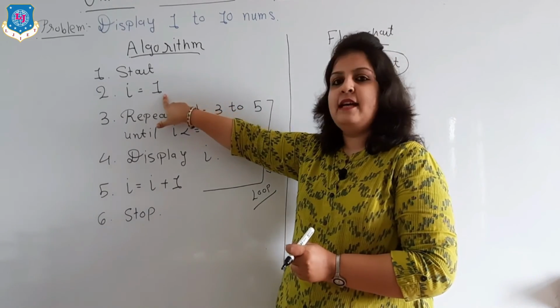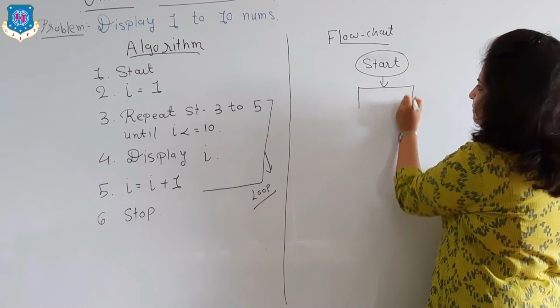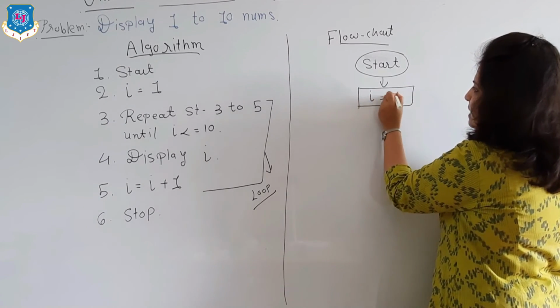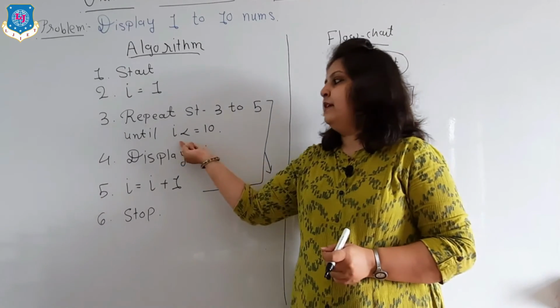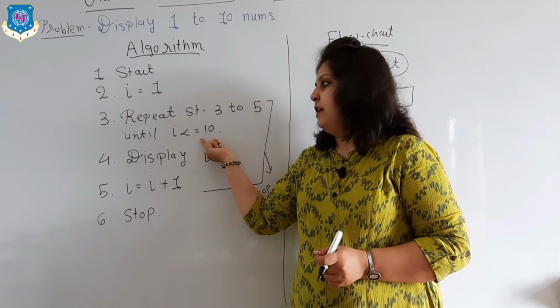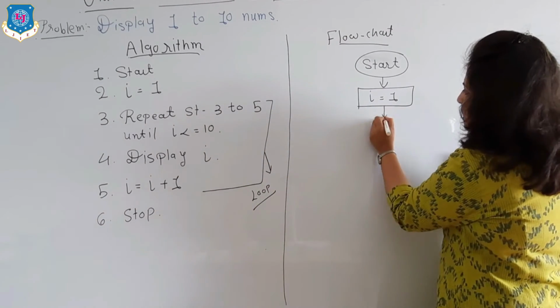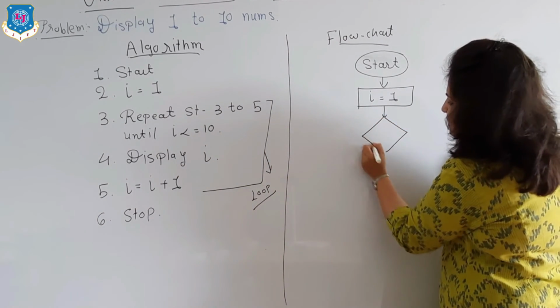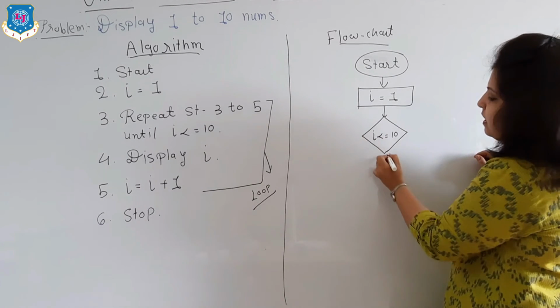So we write in the rectangle I is equal to 1. Now we have to enter the condition, and for the condition we use the diamond symbol, and our condition is I less or equal to 10.